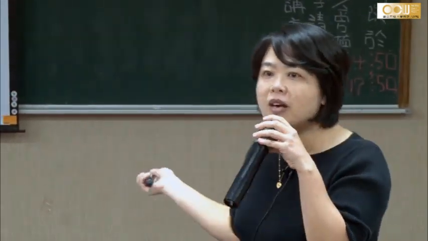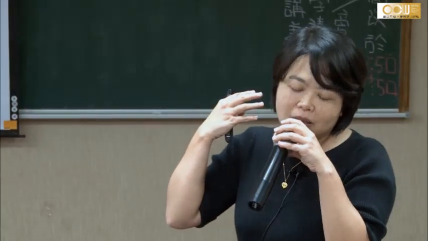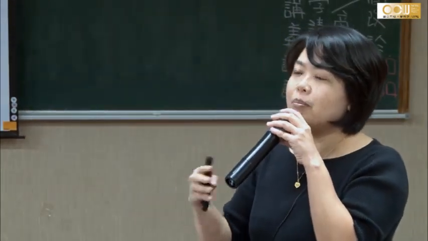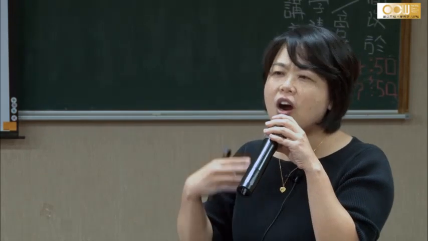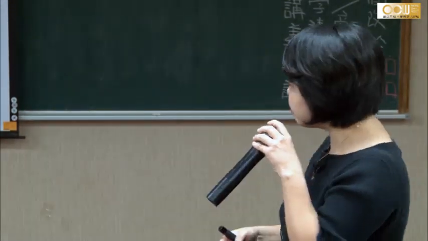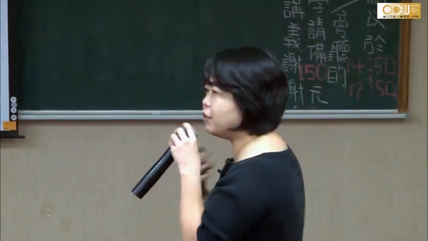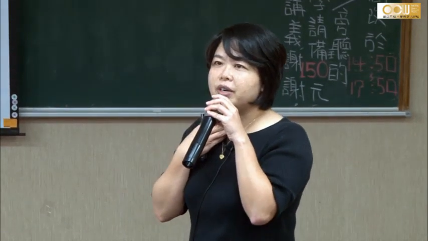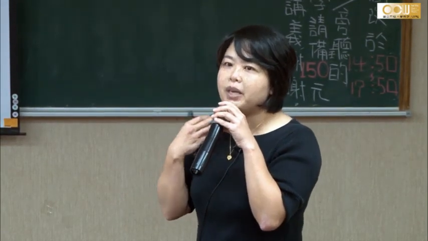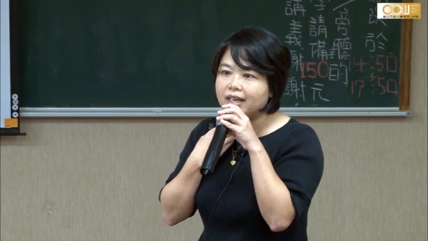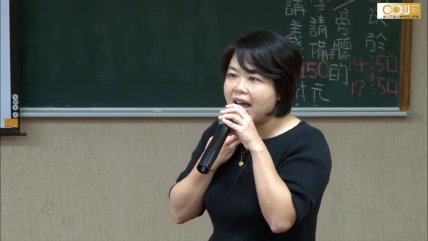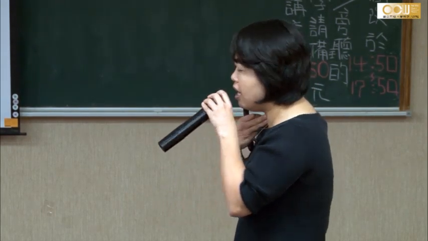So when you're doing a murmur, you're pronouncing a voiceless sound, but you can feel that your vocal folds are vibrating very slowly. Can you try murmur and see if your vocal folds are vibrating? Speak with a very breathy voice.